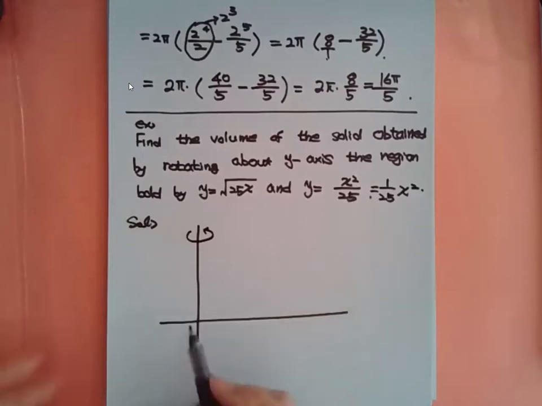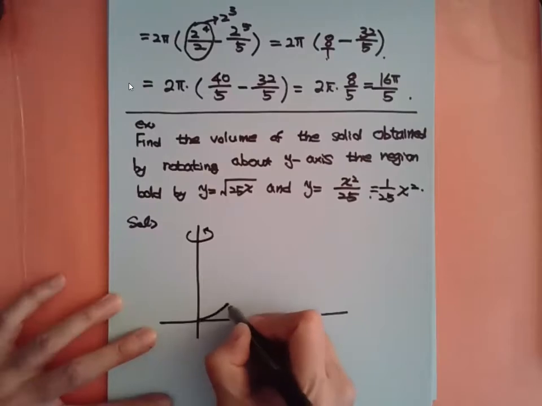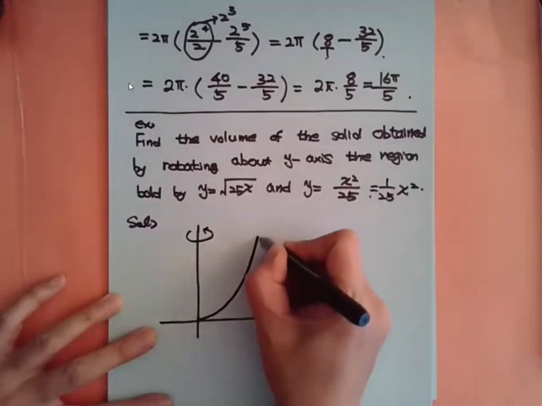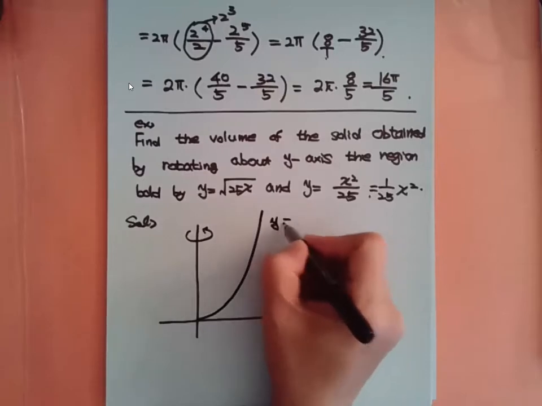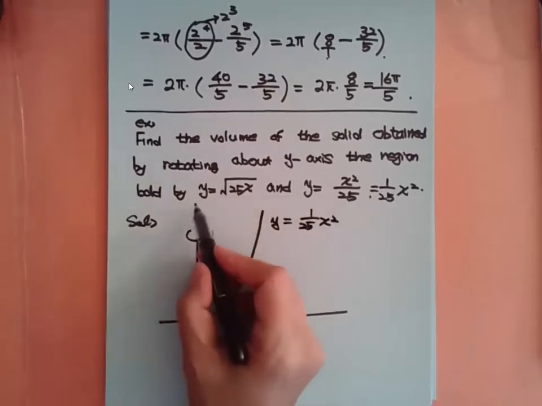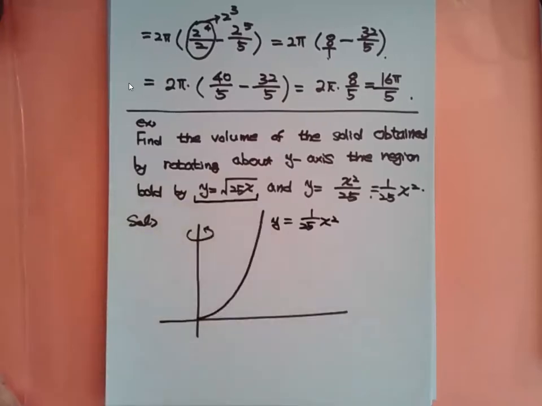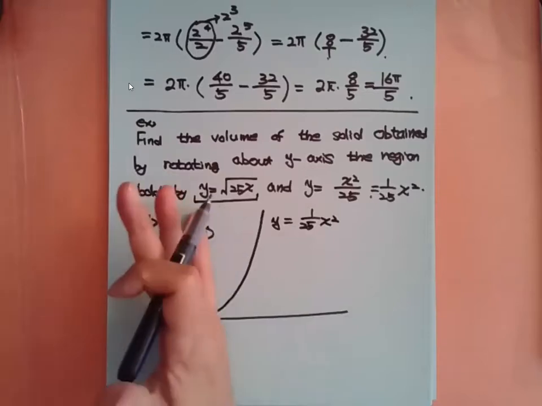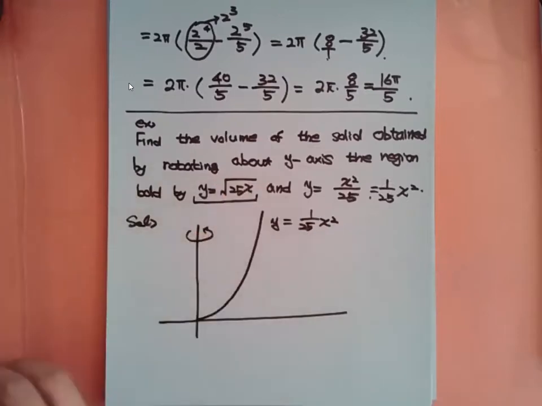So let's just draw the right half side of y equals 1 over 25 x squared, because we are thinking about another graph which will be located on the right side of the y-axis, because square root of something is always positive.